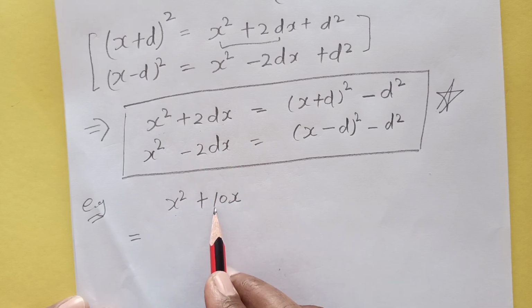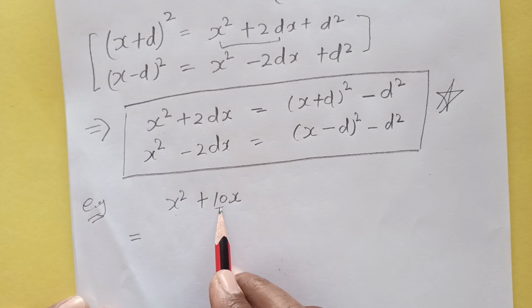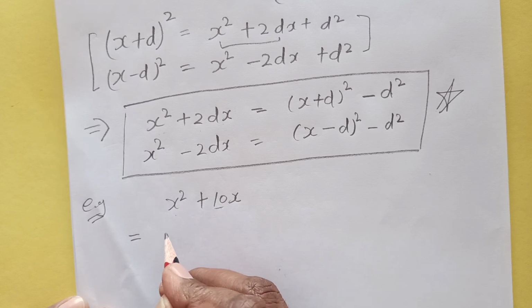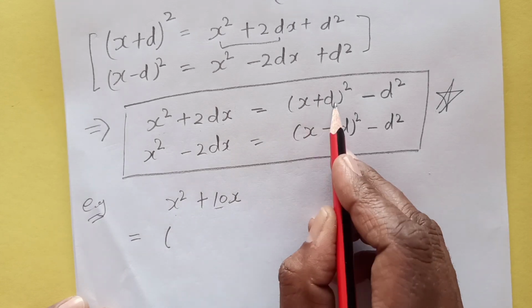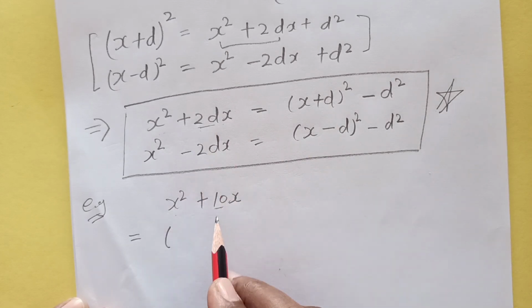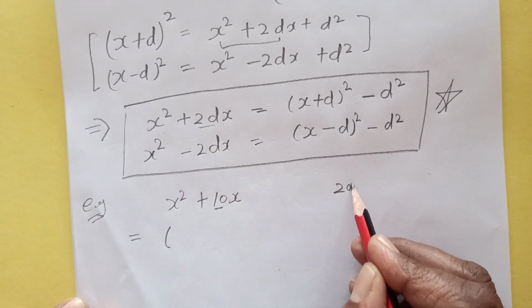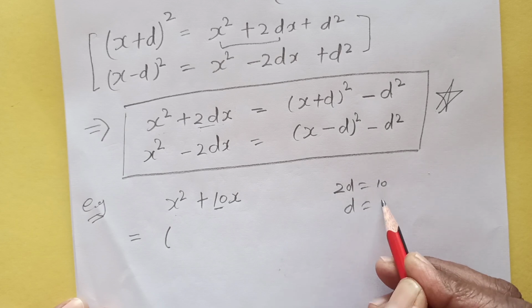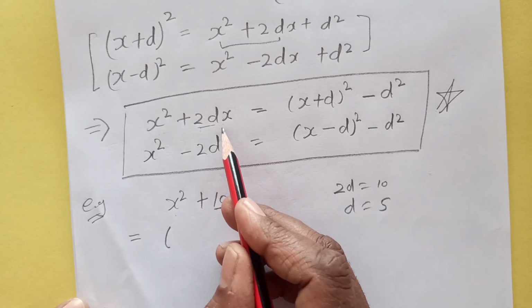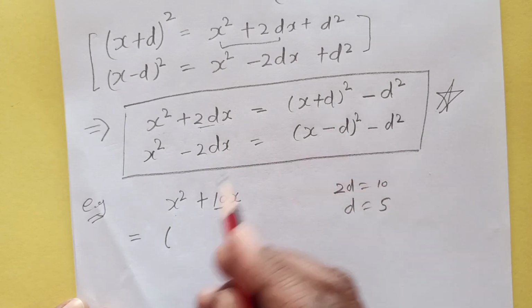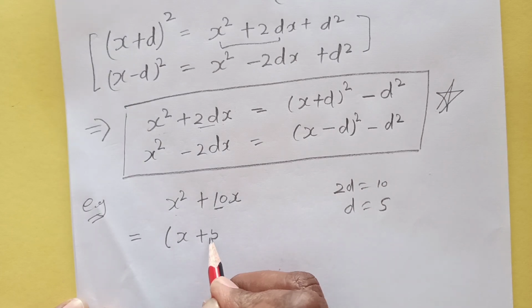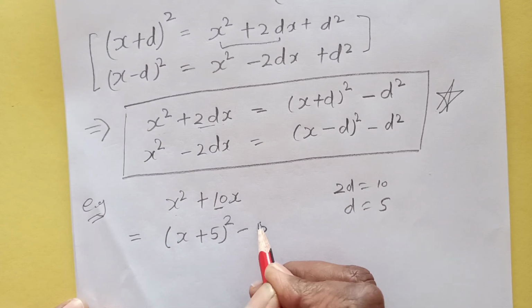To find this value we are going to divide by 2. So this is going to be x plus d, where 2d means 10. Here 2d is equal to 10, so d is equal to 5, right? If you compare these two, then this will become (x plus 5) squared minus 5 squared.